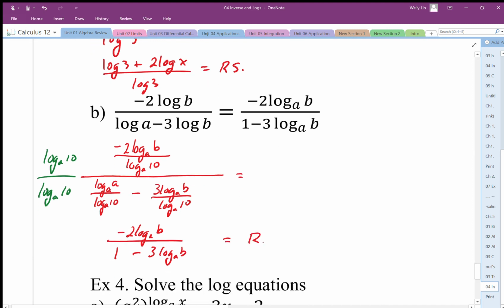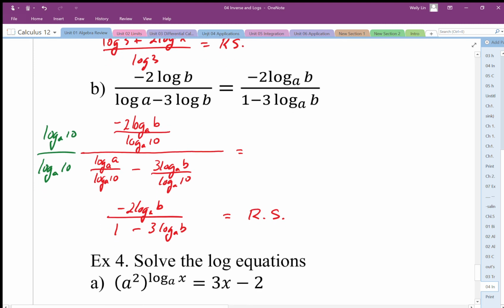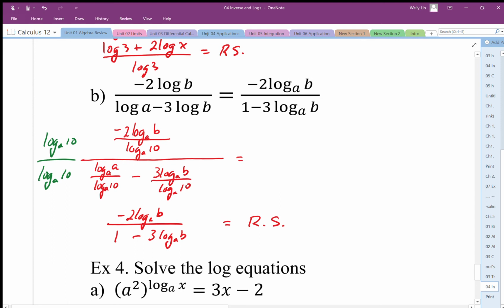So left side equals right side. There are infinite ways you can do this, but the idea is just practicing using log properties. We're not going to really solve identities in calculus, but we're going to use log identities a lot to manipulate expressions, and we need to make sure we really understand our log properties.